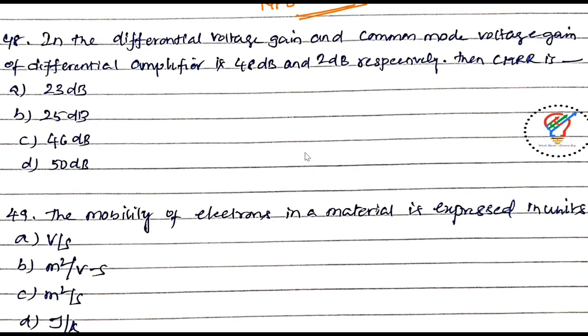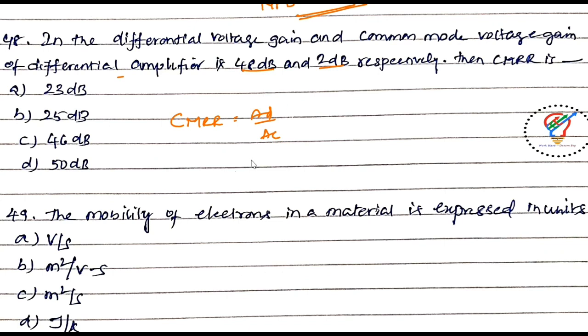The differential voltage gain and the common mode voltage gain of a differential amplifier are 48 dB and 2 dB respectively. The CMRR is, so CMRR is nothing but the differential gain divided by the common mode gain. In case of dB, it is 20 log, but the given values are already in dB.